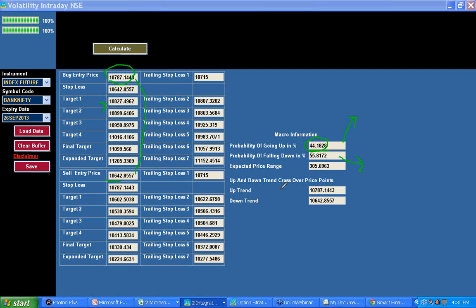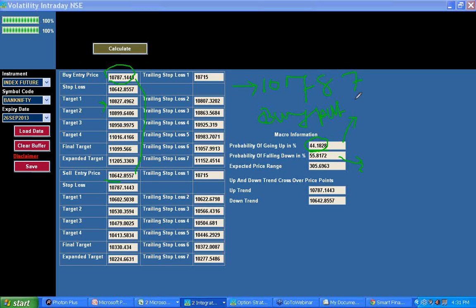But at the same time, I cannot ignore the calculated points. So as a wise trader, let me buy one lot of Bank Nifty at 10,787. At the same time, I will also buy a put option, because the probability of chances may also come true, or my calculation may come true.